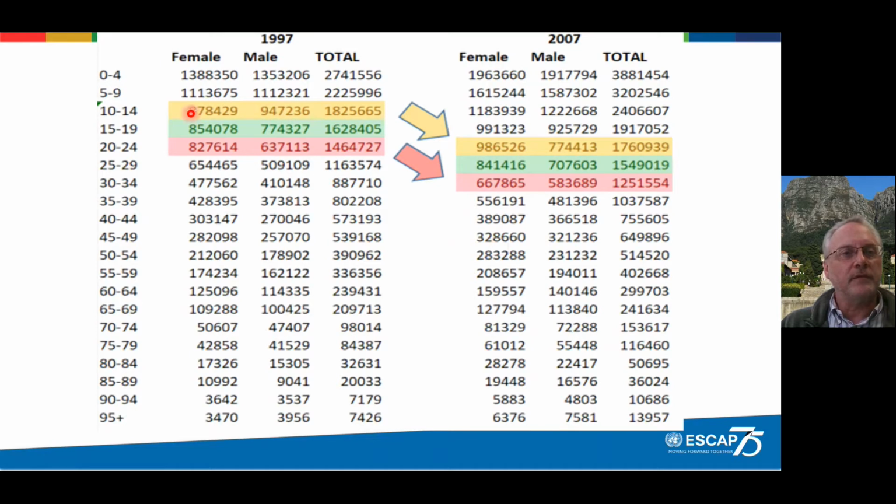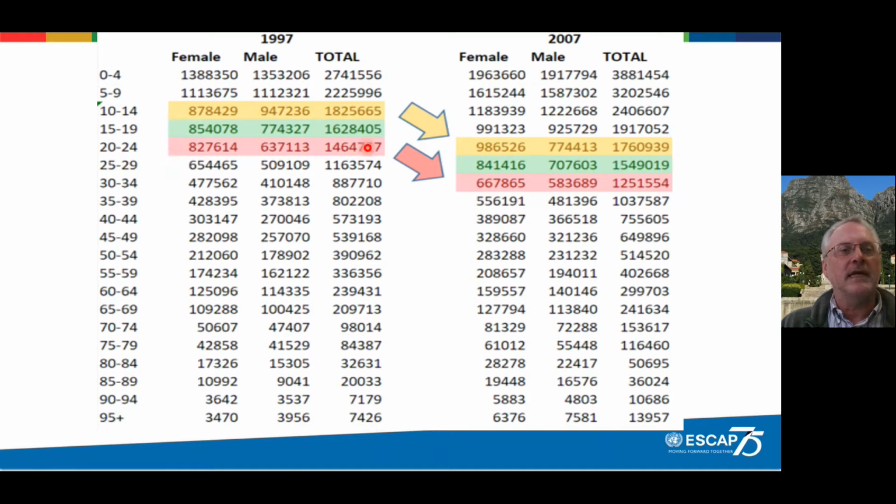So as three examples, these orange shaded cells here for the 10 to 14 in 1997 will be the population aged 20 to 24 in 2007. And the green cells, 15 to 19 in 1997, would be the 25 to 29-year-olds in 2007, and the 25 to 29-year-olds in 1997 would be these pink shaded areas. Sorry, I could correct myself.